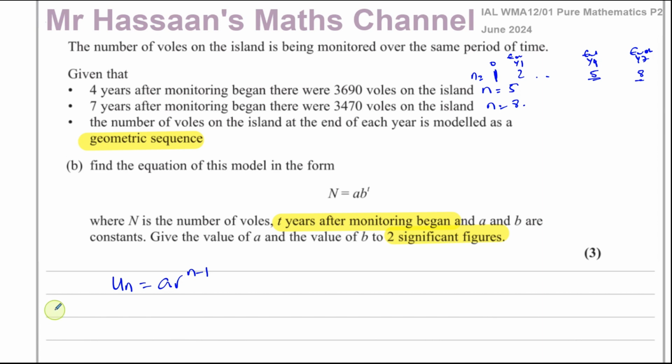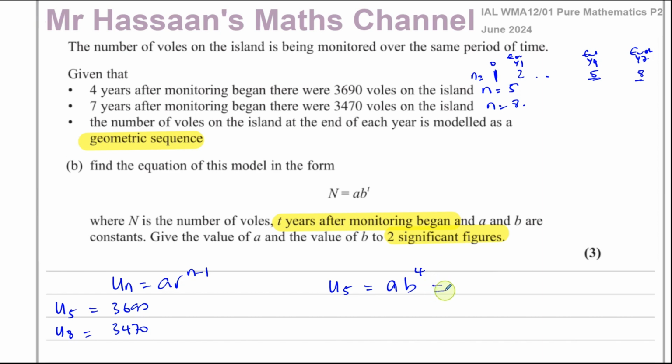We don't have anything apart from the value of U5 and U8. So U5 is 3,690 and U8 is 3,470. So let's put these in the formula. So U5 would be equal to a, which we don't know, times r, which is our b, to the power of n minus 1, which is 5 minus 1, which is 4.